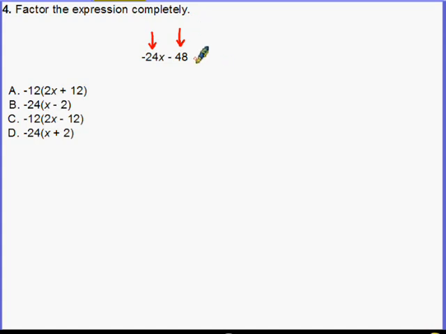Okay? So, very first thing I know that's common between them that I can factor out is a negative. Because look, they both have negatives. I can take a negative out of both of them. So that means that this will just be 24x. And then this will become a positive 48.